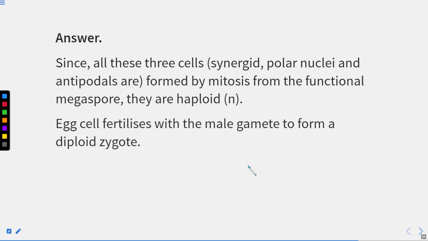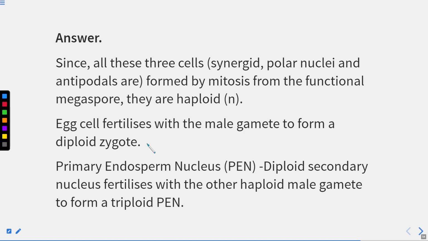Now the egg cell fertilizes with the male gamete to form the diploid zygote. There is an egg cell which is haploid. It fertilizes with the male gamete, which is also haploid, and gives rise to a diploid zygote. Now the primary endosperm nucleus, a diploid secondary nucleus, fuses with the other haploid male gamete.